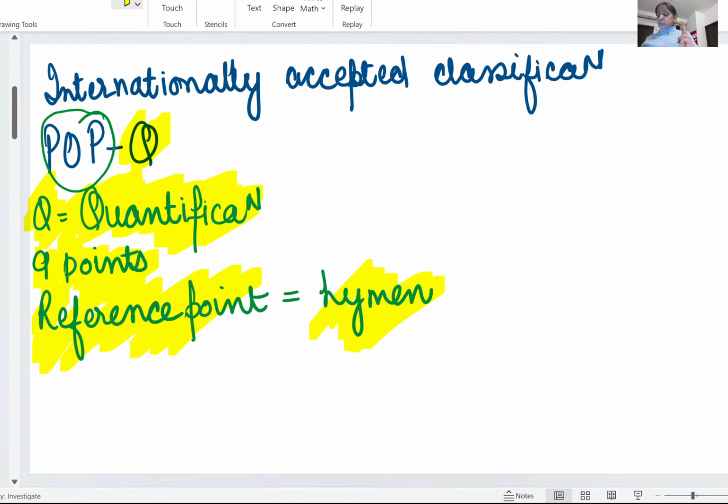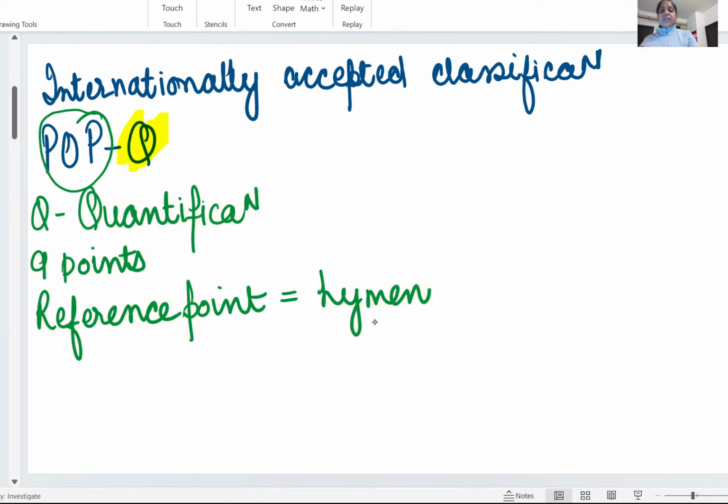Number 1, there are 9 points. And what is the reference point we take? The hymen. Hymen is taken as the reference point. Is it okay, everyone?